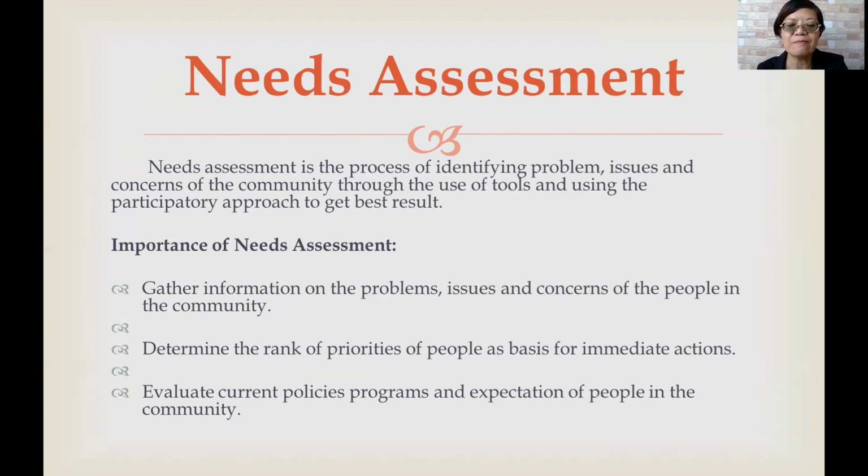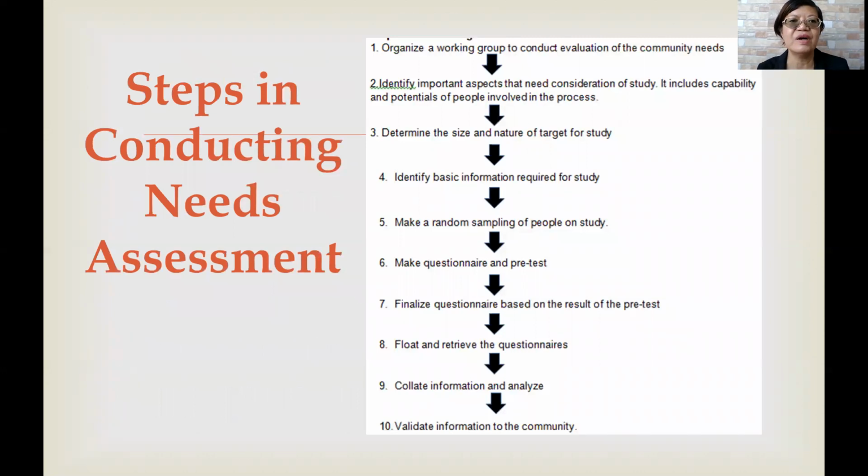It is the basic, very basic, the first thing that you do before making an intervention. So what are the steps in conducting needs assessment? These are just suggestions of activities that you can undertake to conduct a needs assessment.